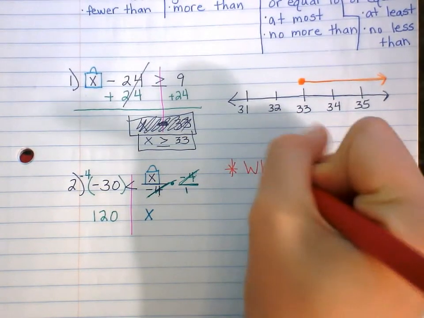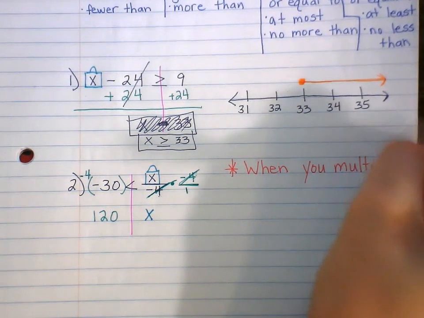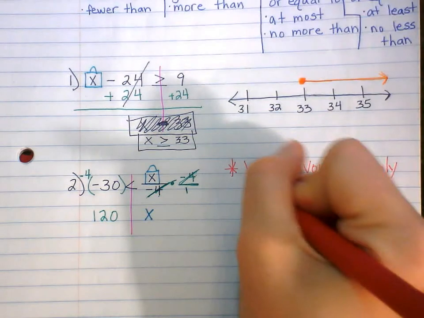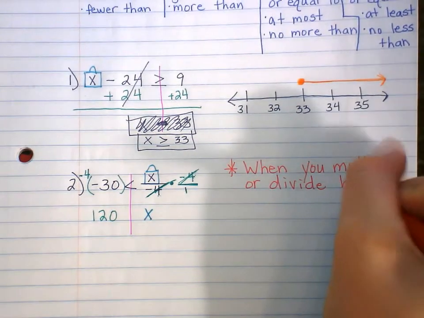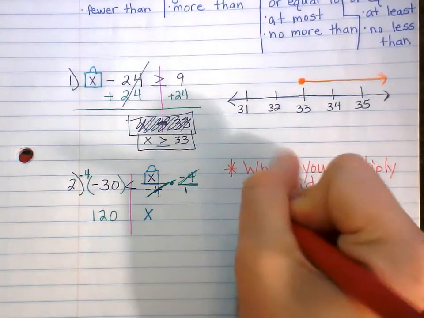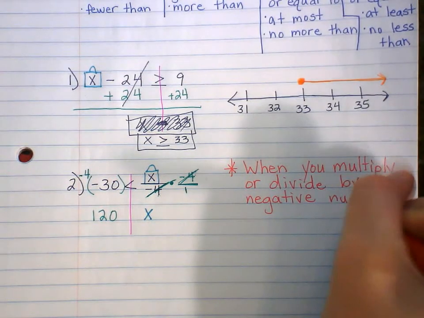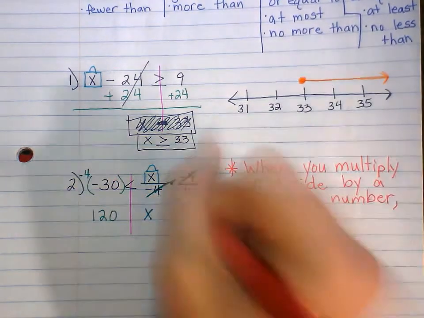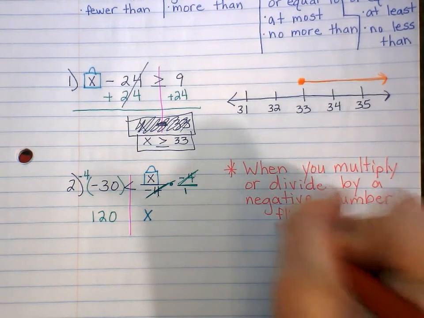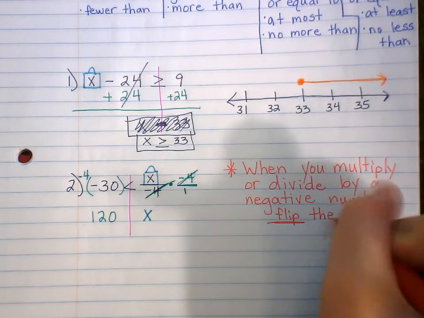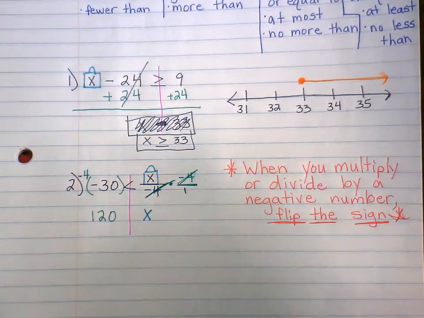When you multiply or divide by a negative number, so we multiplied both sides by negative 4, you have to flip the sign.